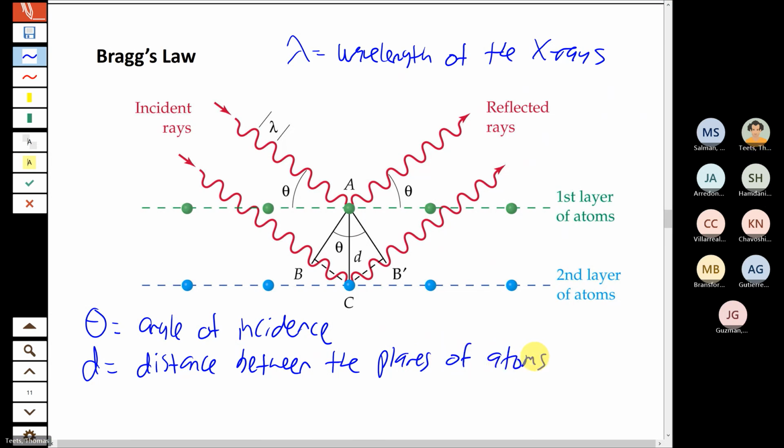And then the Bragg equation states how we relate all these things together. This is what they came up with. Again, I don't think you really need to know this equation or use it. I'm just giving you the background to understand how these structures are generated, so you don't think I'm just pulling it out of thin air. It's n lambda equals 2d sine theta, where n is an integer.